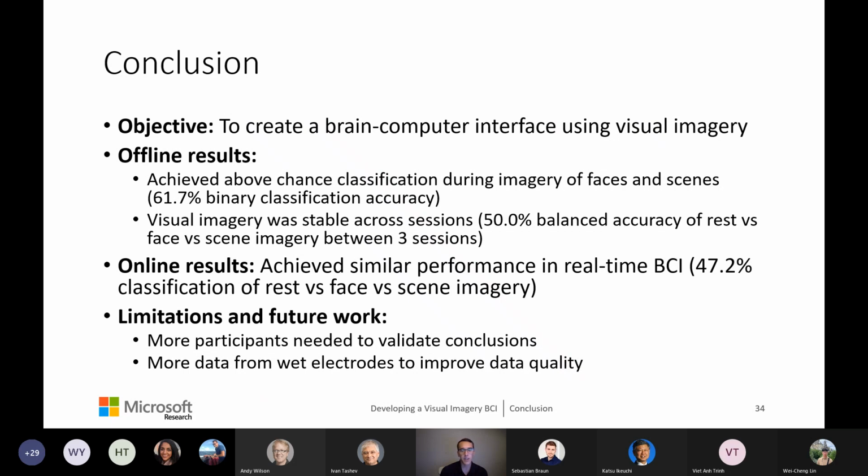It's because our data sets were a little bit unbalanced in this case because we had 40 trials of faces, 40 trials of scenes, but there was a rest period each trial. So there's twice as many rests as each of those categories.